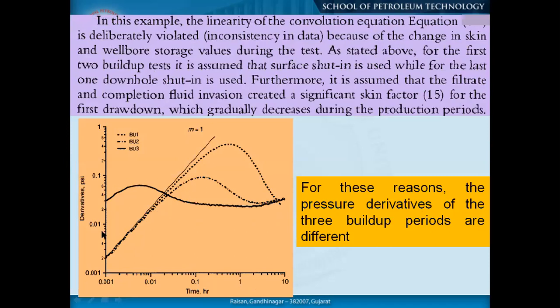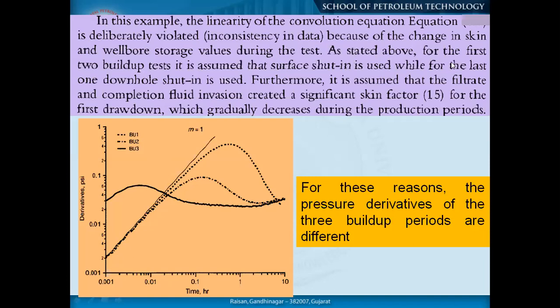That means we have inconsistent data. Why inconsistent data? You can understand in build up 1 and build up 2 the effects are there, because as we have discussed, initially the wellbore storage as well as skin was there, but maybe during the third build up we may not have the wellbore storage effect as well as the skin.